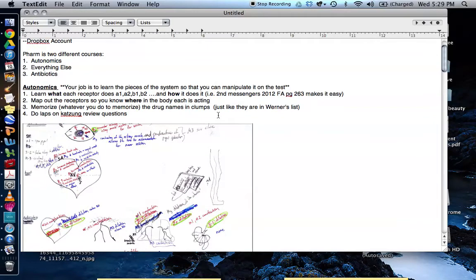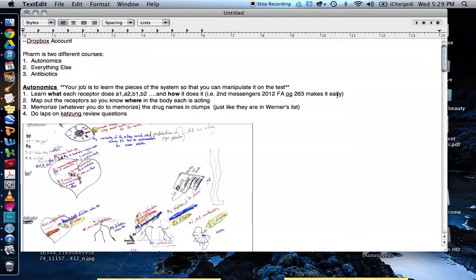So you want to memorize the receptors in clumps, just like they are in Werner's drug list. It's good enough to know, here's a list of 5 drugs that are predominantly alpha-1 agonists, and you just memorize your drugs like that. So I made flashcards.